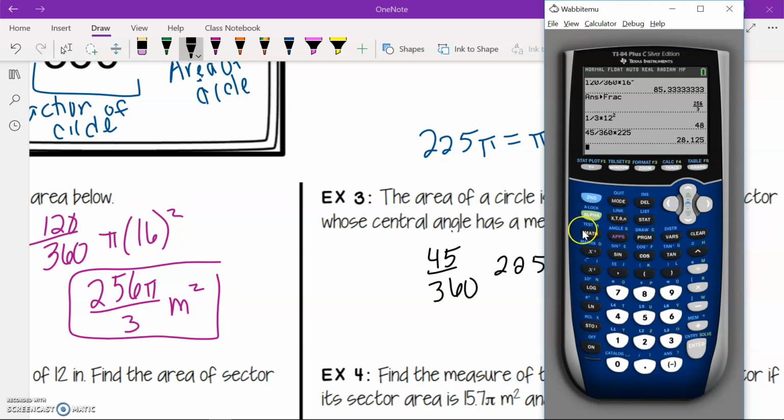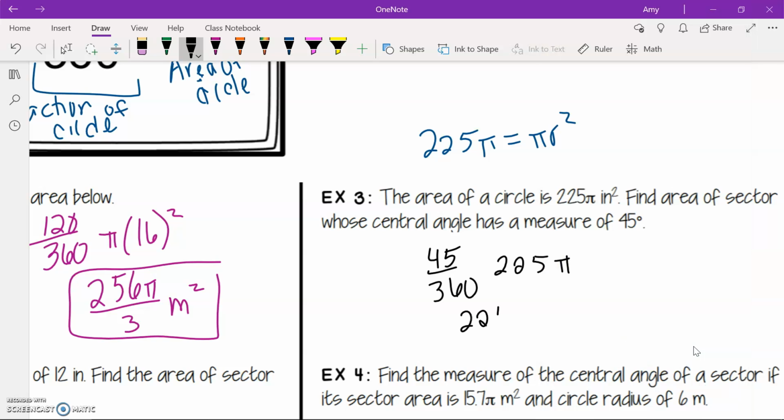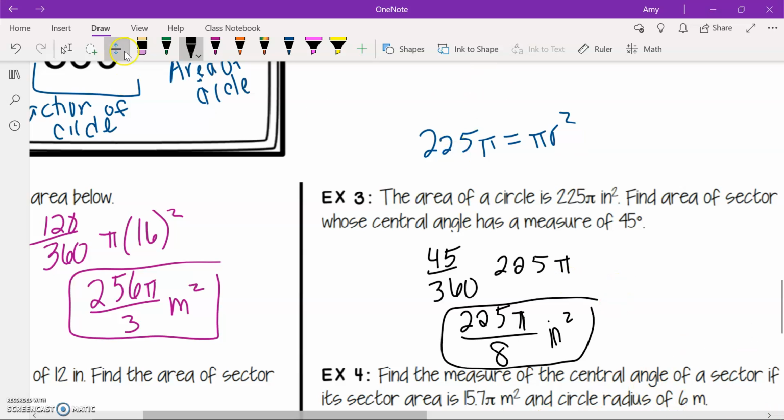And we get 28.125. I am going to turn that into a fraction just because the decimal is a little bit long. And it's 225 over 8. So 225 pi over 8 square inches. So once again, we're using our knowledge of the formula to help us here, rather than just substituting in values directly.